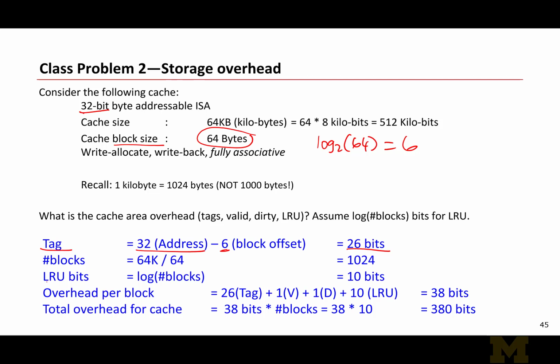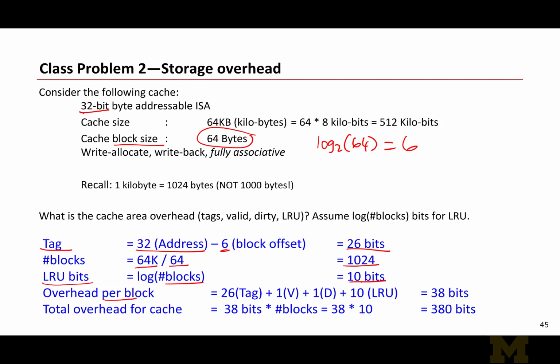And to compute the number of LRU bits needed in the conservative scheme, you need to know the number of blocks that are there in the cache. That you compute by the total cache size divided by the block size, which gives you 1K or 1024 blocks, and so log base 2 of 1024 is going to be 10 bits.